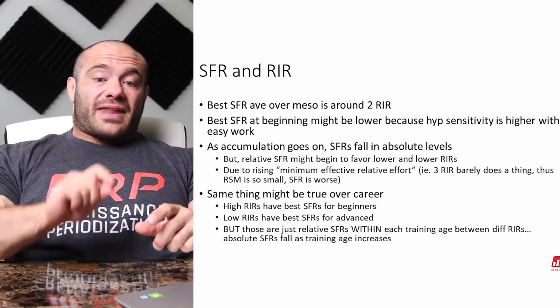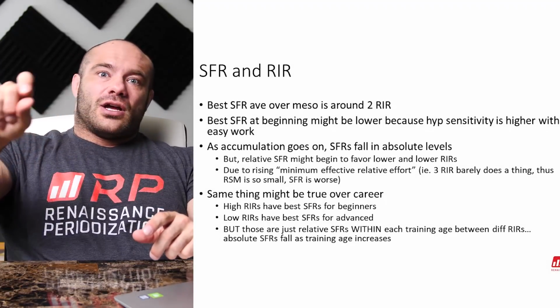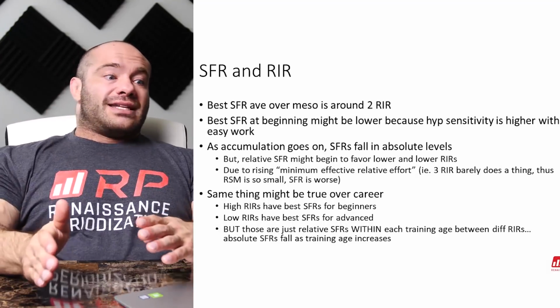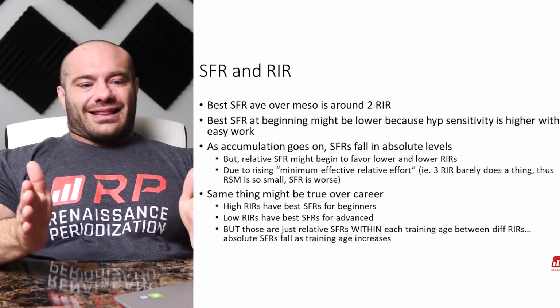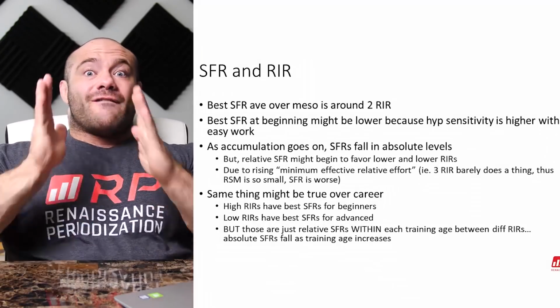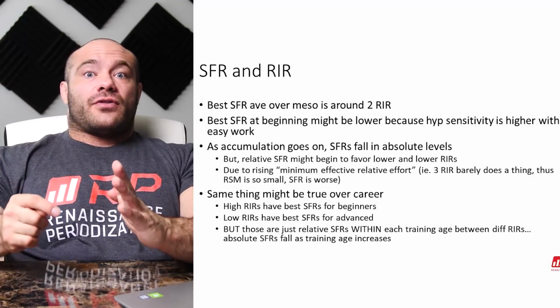So essentially, as we go from micro to micro to micro, we should probably decrease our RIRs, which is to say go closer and closer and closer to failure, until in the last microcycle, getting like 1 rep away or at failure gives you your best SFRs for that microcycle versus any other SFRs that you could have done with other RIRs.